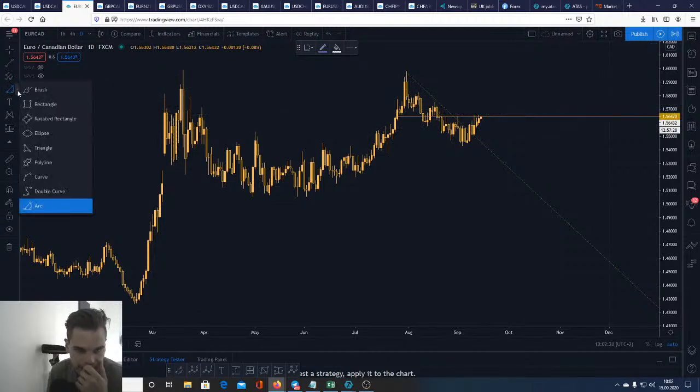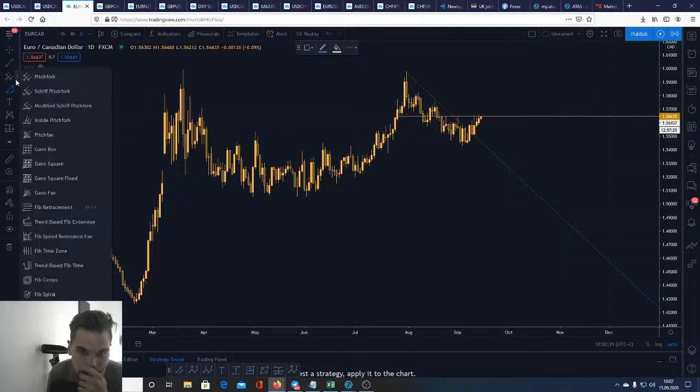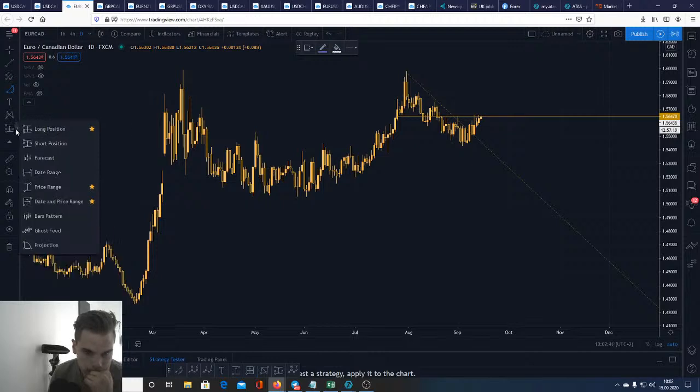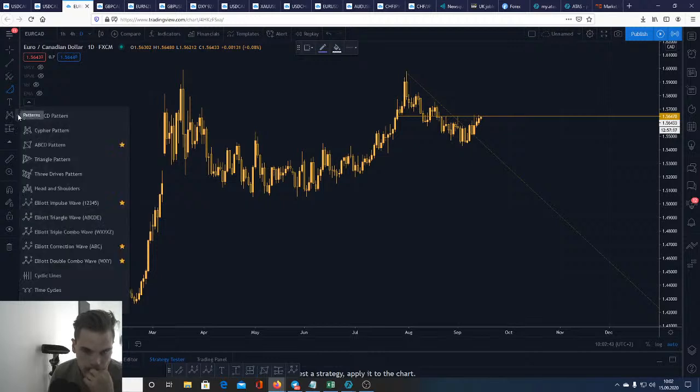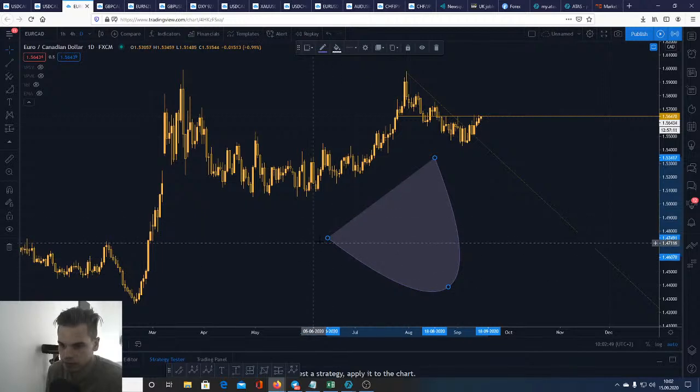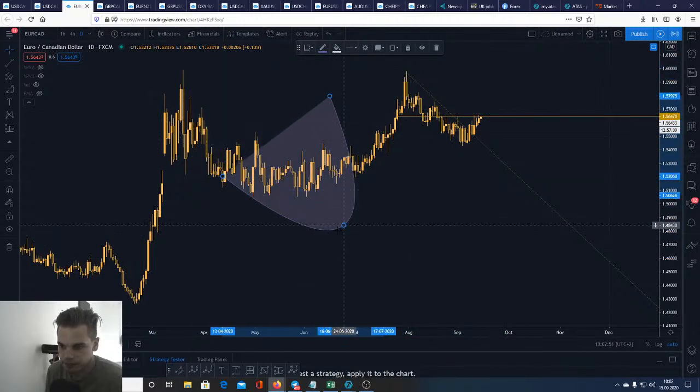Hey, do we have a cup and handle here? No, I don't see any. Yeah, but you see the breakout right now. Oh, this is the arc.